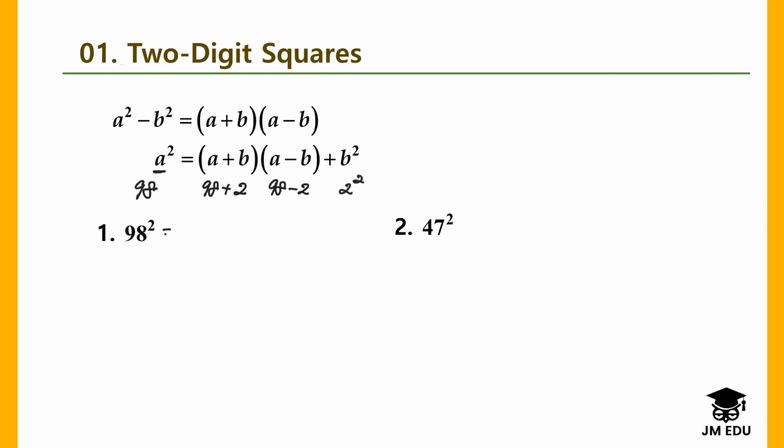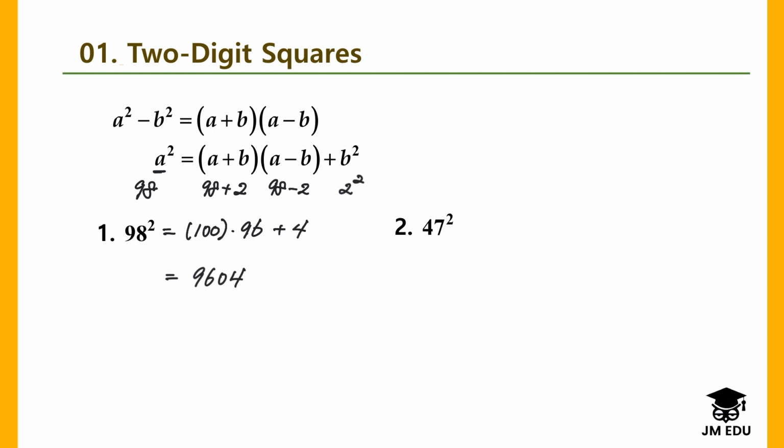Right? So that is equal to 98 plus 2, 100. 98 minus 2, that's 96. Plus b squared, that's 4, right? So that's going to be equal to 9,600 plus 4, 9,604. Does that make sense?